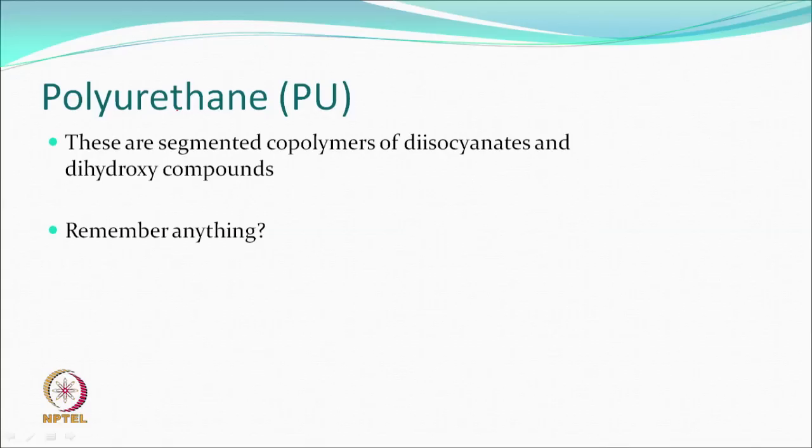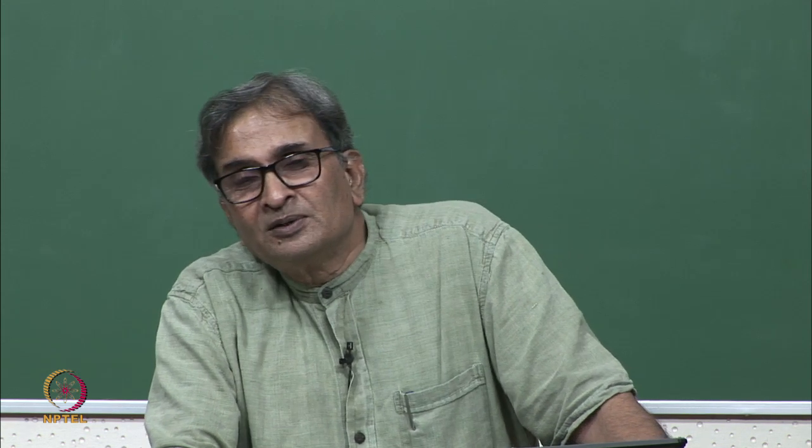Then another interesting material which we call polyurethane, all right. I mean, this is really one material where you can make hard or soft polymer depending upon what you do with the various components that you add.